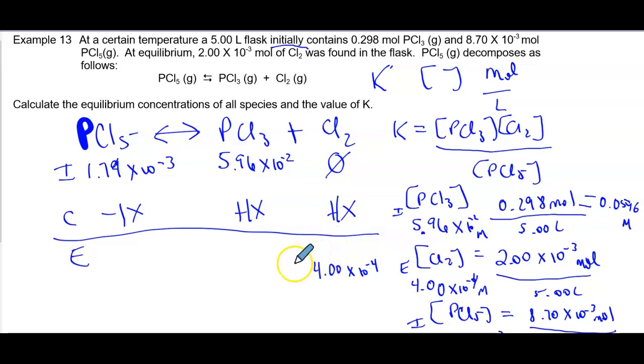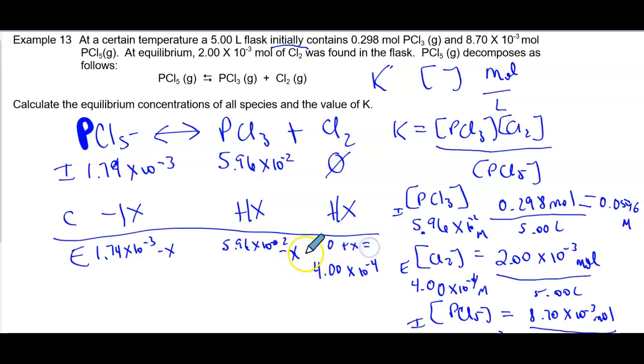So now what you're going to do is to get E, E is I plus C. So in this case, for this one, it's 1.74 times 10 to the negative third minus x. And this is going to be 5.96 times 10 to the negative second minus x. And this is going to be 0 plus x.